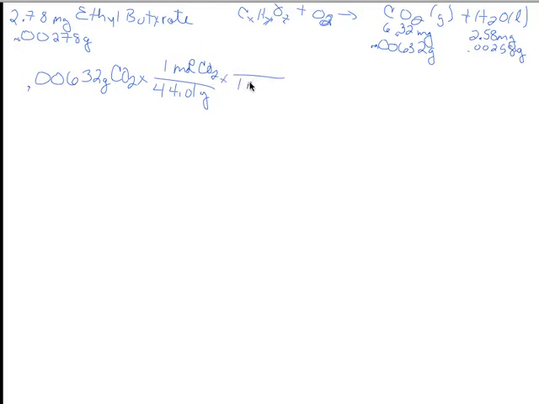You can relate the moles of CO2 to moles of carbon, because for every 1 mole of CO2 I get 1 mole of carbon. I'm going to calculate how many moles of carbon that is, and then, because I have to apply the conservation of mass, I'm going to find the grams of carbon that is.